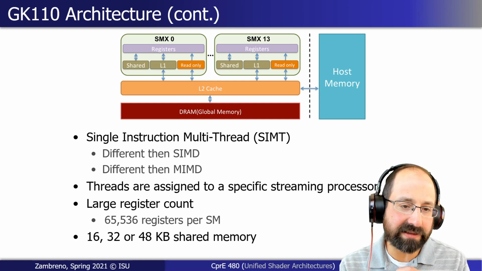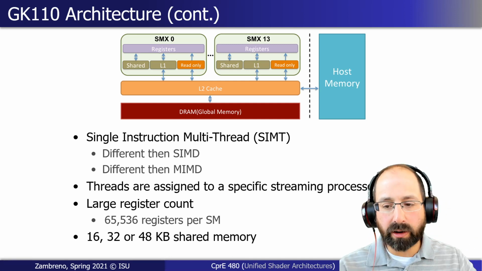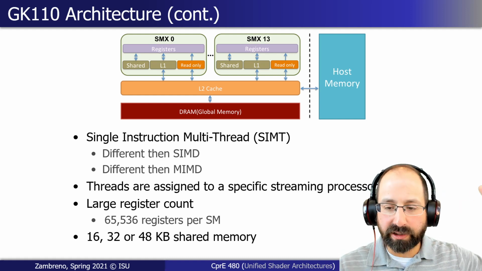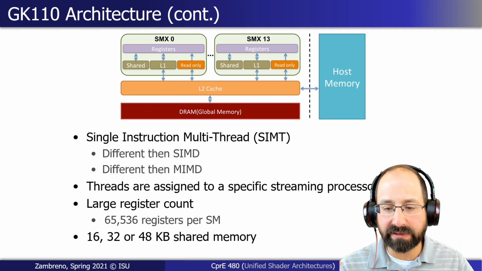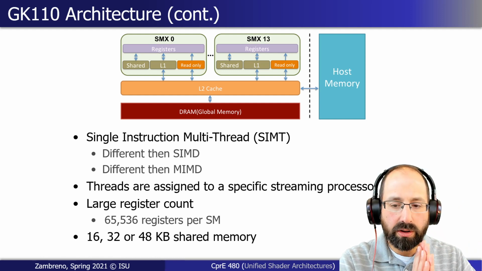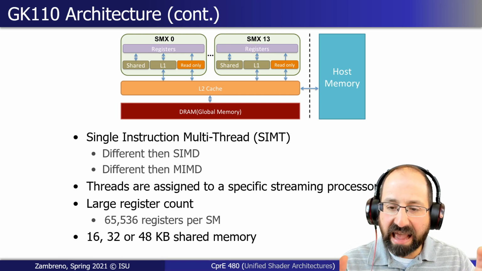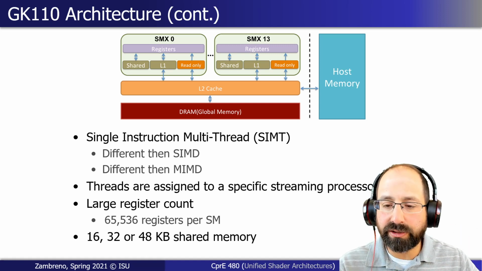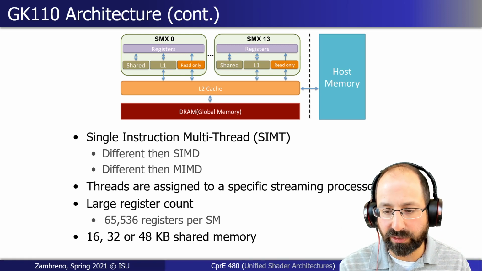Talk a little bit more about this SM or SMX architecture here. Again, the whole GPU architecture is built around this idea of a scalable array of multi-threaded CUDA cores, or streaming multiprocessors, SMs or SMXs. So you have your CUDA program. The host CPU is going to invoke that kernel grid, and then those blocks of the grid are going to get enumerated and distributed to the multiprocessors on the particular device they're being executed on.